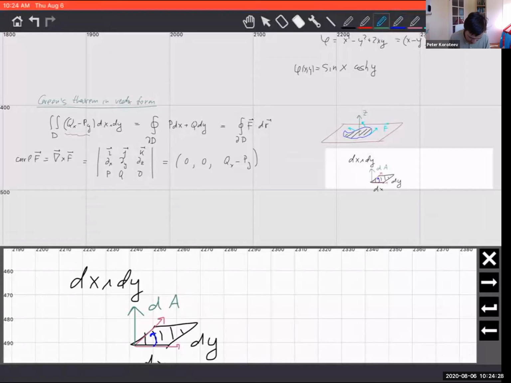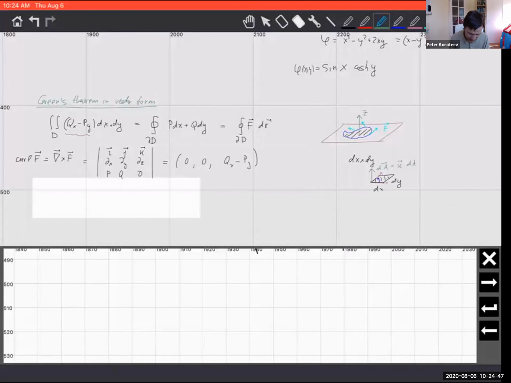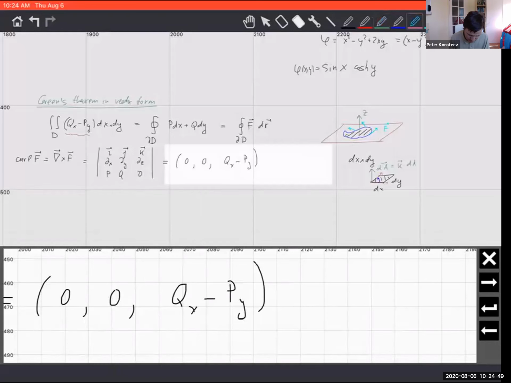You can simply think about it as k, the third vector, times dA, right? And if you take this vector dA and take a dot product with this curl, you'll get a scalar quantity, which is exactly what we need for the integrand on the left-hand side, right?